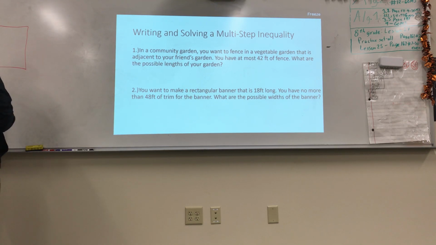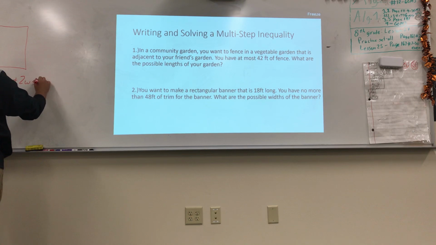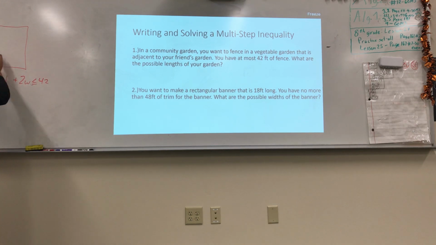You have a total of 42 feet of fence. So you need perimeter. You're going to need 2 length plus 2 width to be less than or equal to 42 feet. We're going to sub in 12 for length, so you get 24 plus 2w is less than or equal to 42.